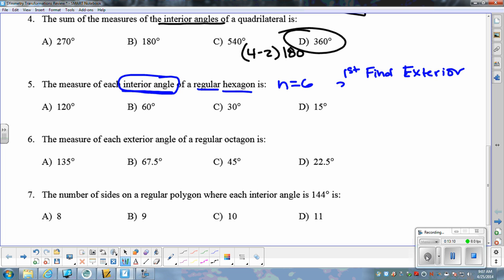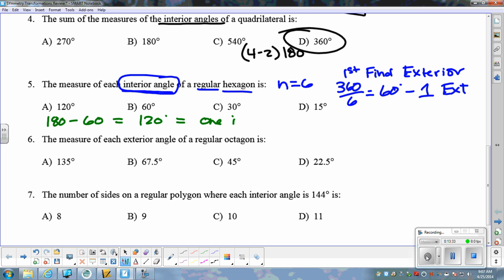How do I do that? I take 360 divided by 6, and that gives me 60 degrees for one exterior angle. So each exterior angle is equal to 60 degrees. If I remember fact number 3, they are supplementary, so I will take 180 minus 60 to give me 120 for one interior angle.